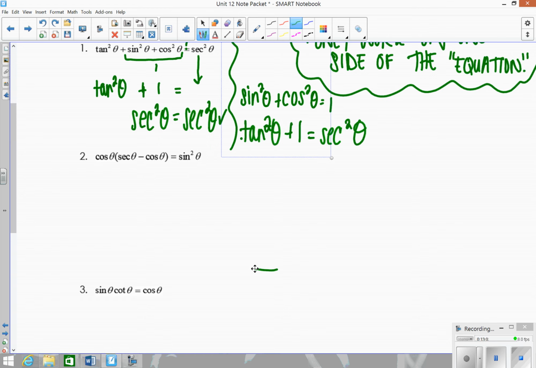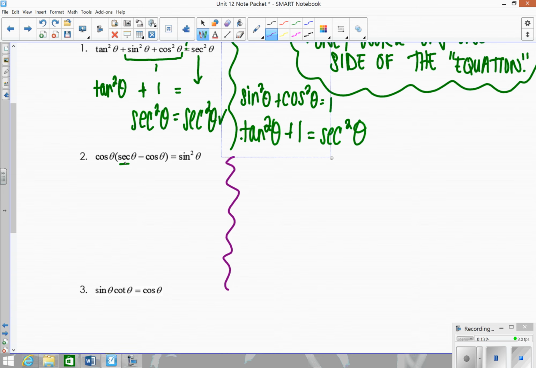So for this next one here, the first thing I automatically want to do is I see a secant. And secants to me mean that I should be switching this up to match more of what I see in the equation here. And I see cosines and I see sines.